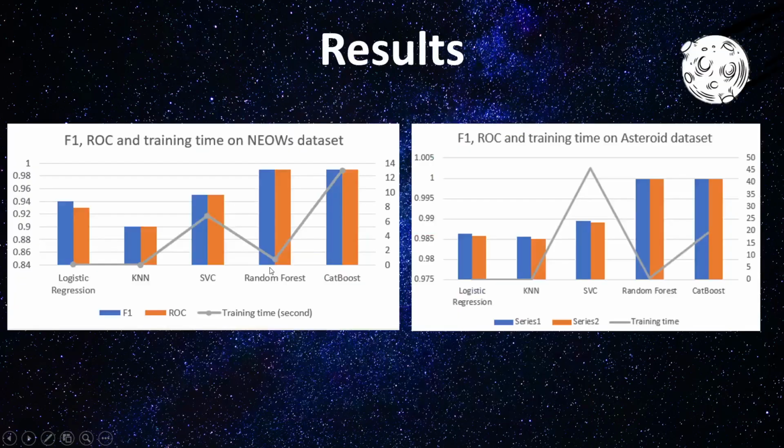So here are the results of our training. The left side is the NeoWS dataset, and the right one is the Asteroid dataset. As we can see on the graph, random forest and CatBoost have similar results, but the random forest in both datasets has less training time than CatBoost.